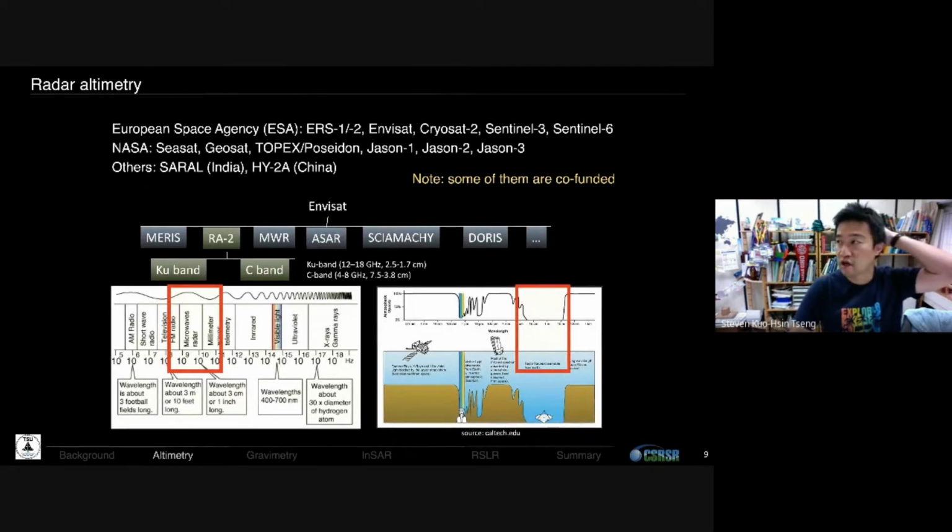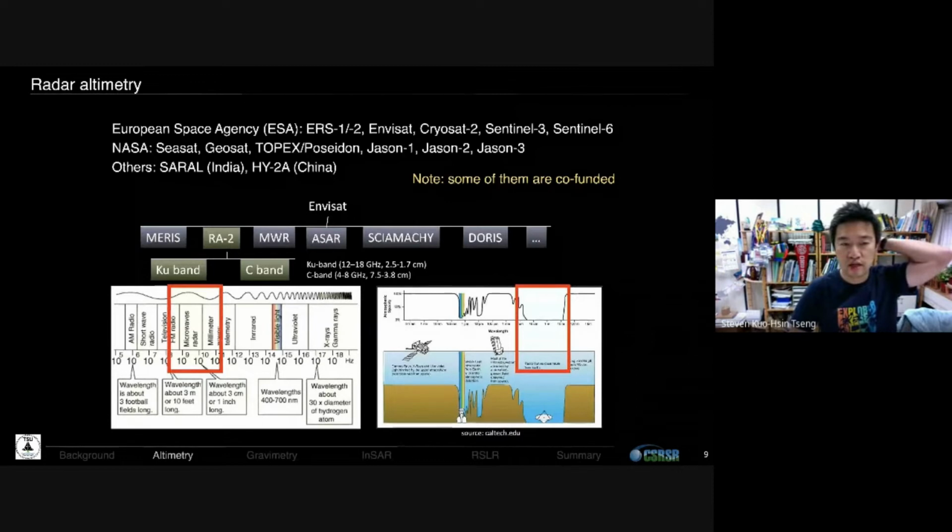If you have learned GPS before, then you know the dual frequency is very effective to cancel out or mitigate the ionosphere effect. For radar altimetry, they have a very similar design because two bands can reveal the effect of ionospheric delay. Once we remove that, we can have a better range estimate.